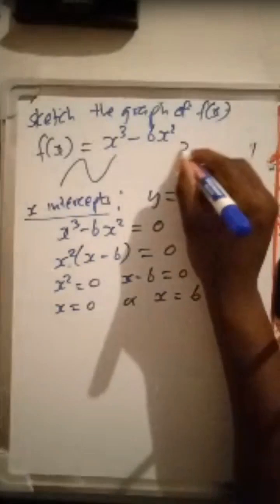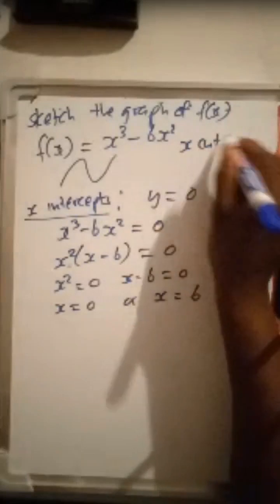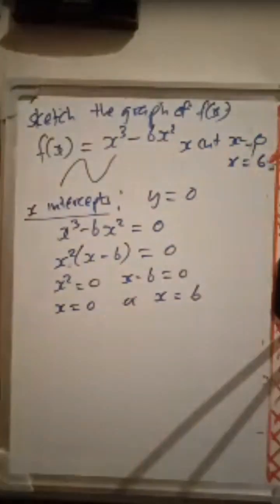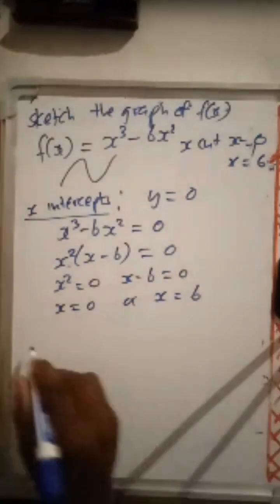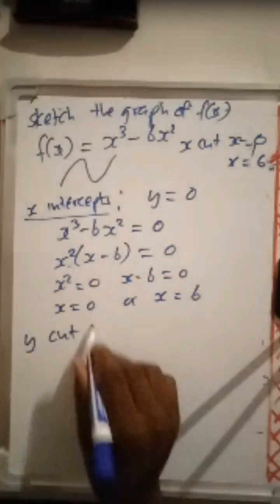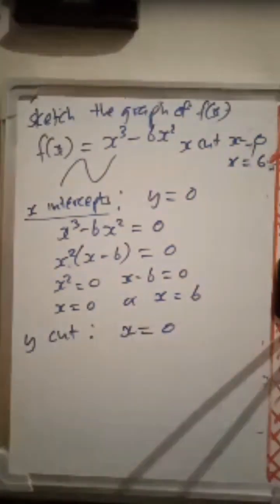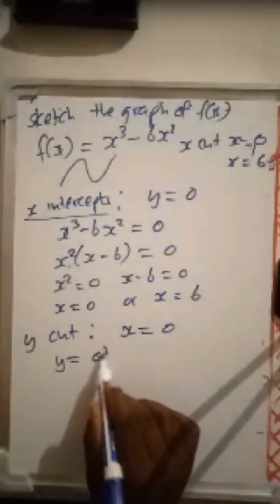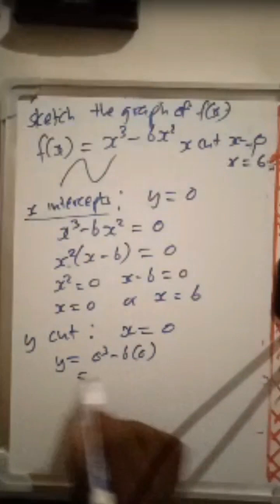So it means the x cuts, I'm going to write it there because I'm going to rub it: x is equal to 0, and also x is equal to 6. So it has 2 x cuts only, okay, not 3, right? Then now we have to find the y cut. This one, y cut is quite obvious. x is equal to 0, then y is equal to 0 cubed minus 6 multiplied by 0, which is 0.